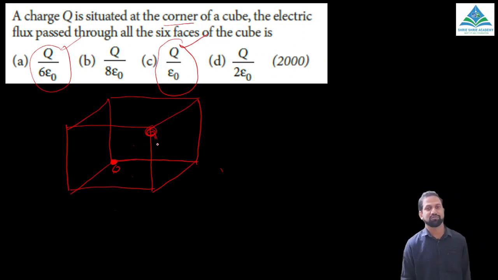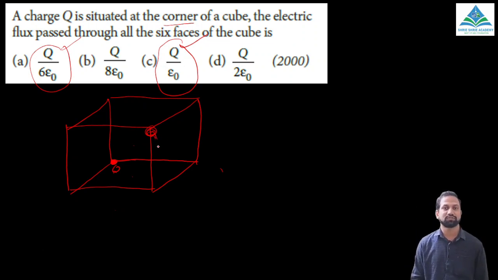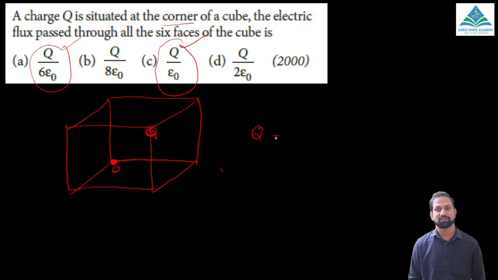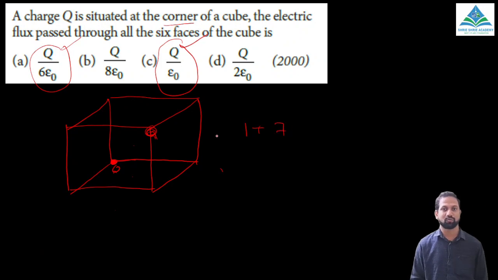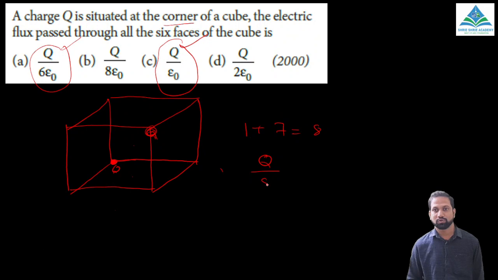So this is the situation, and to cover this charge we need 7 more cubes. One cube was already present here, so in total 7 more cubes we require. So the total flux will be shared by 8 cubes, because 1 plus 7 is 8. So Q by 8 epsilon naught can be correct.